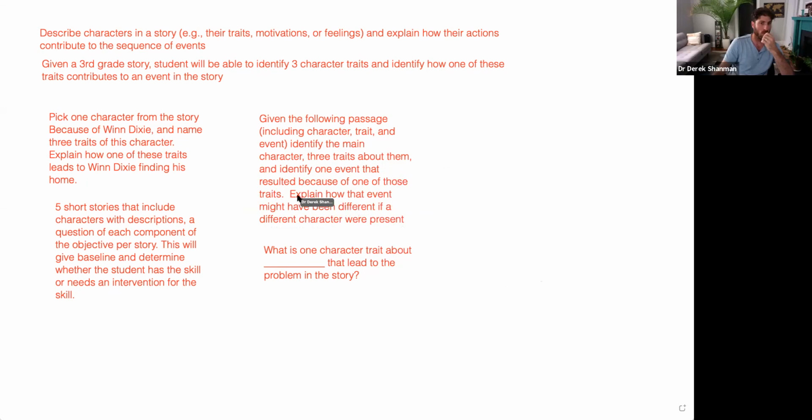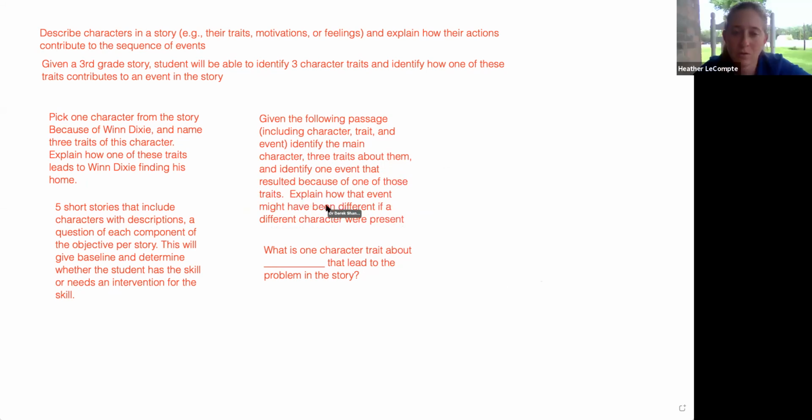Now, why might I be putting this explain part in the exit ticket? Obviously, it's a higher order thinking skill. I want to be able to give those kids that can do it the opportunity to do it, to make sure they're problem solving as far as the pieces of the story.